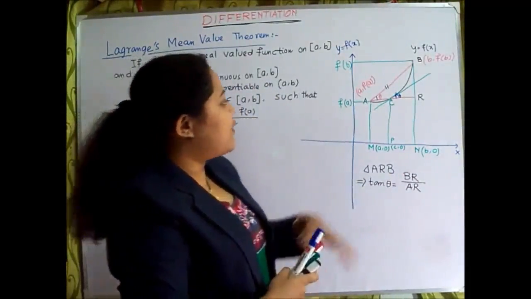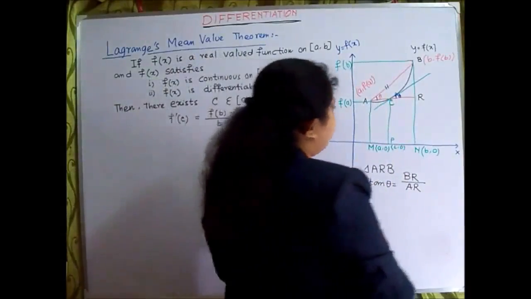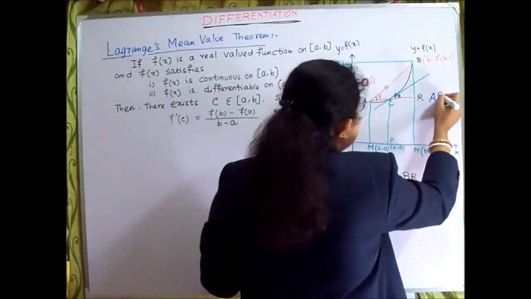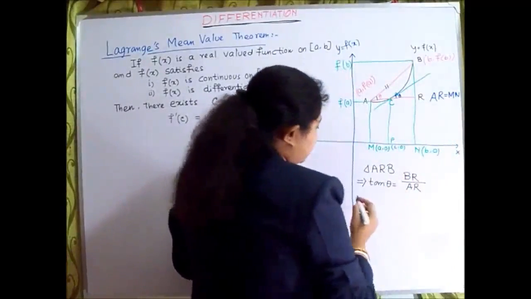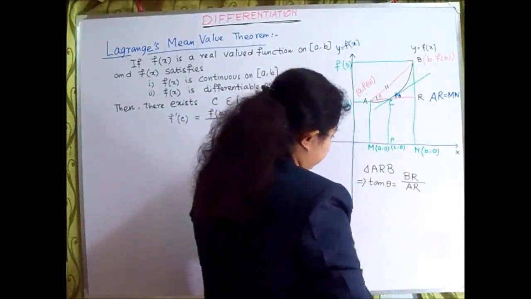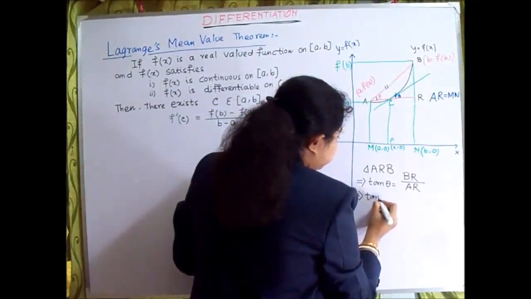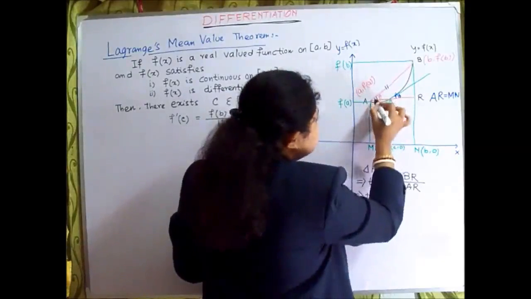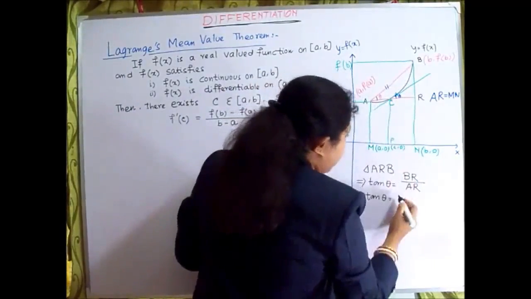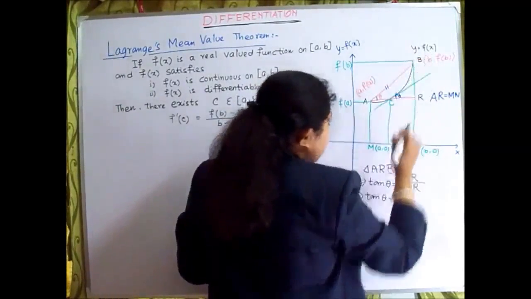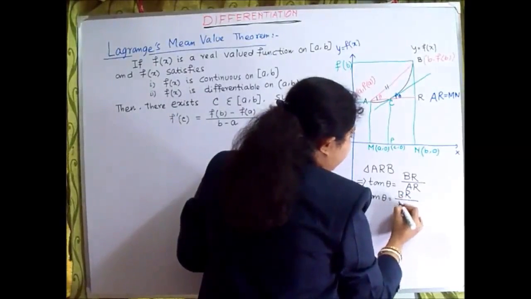Now from the graph, what can we say? That AR is simply MN. From the graph we can say AR is equal to MN, right? So we can write here that tan theta is equal to BR divided by MN.